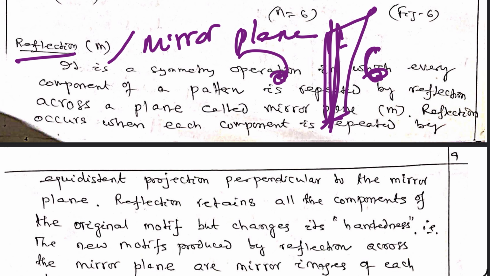If the motifs are occurring like this, then we can say they have a symmetry with respect to a mirror plane between them. So they are having the plane of reflection.